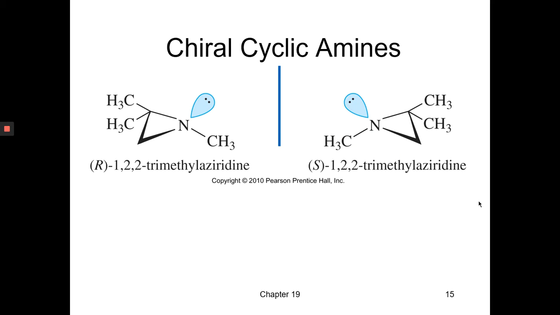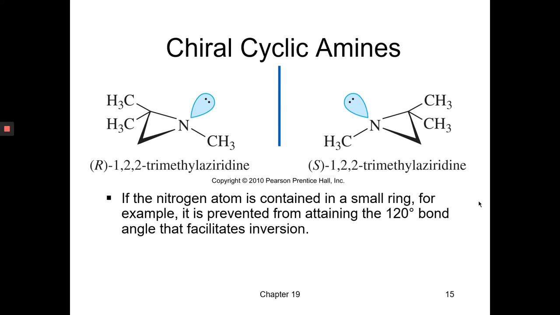In strained cyclic compounds, heterocyclic compounds in which there's a nitrogen, inversion is not possible. And in this example, R,R-2,3-trimethylaziridine, you don't have this inversion that takes place.